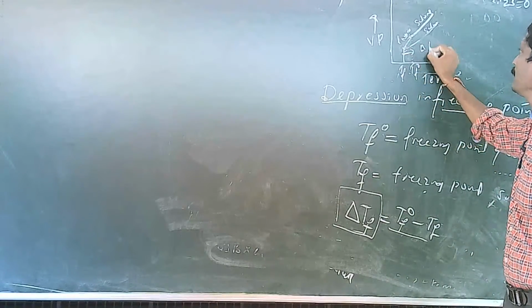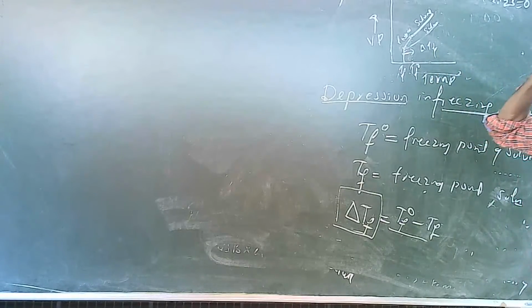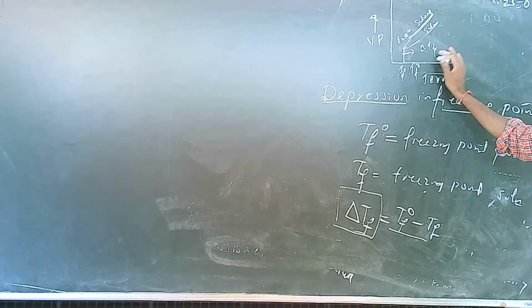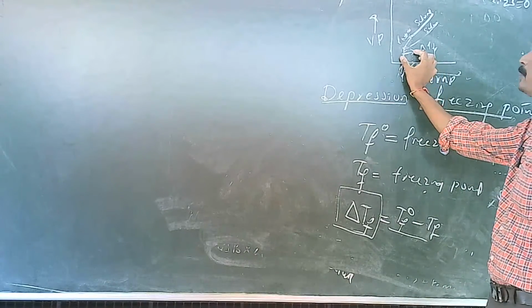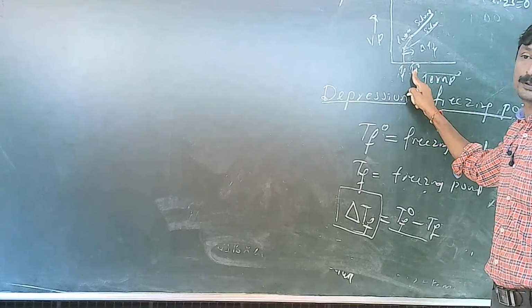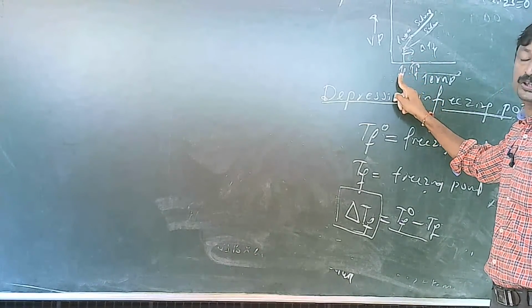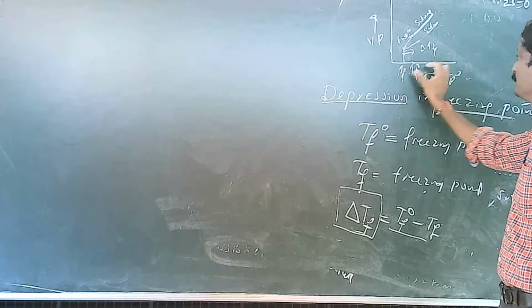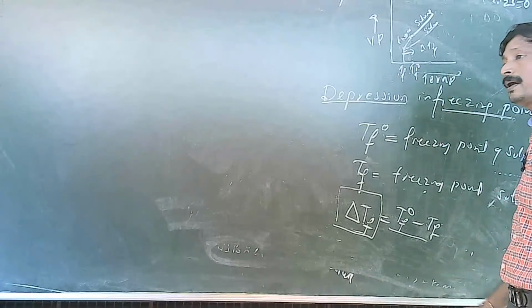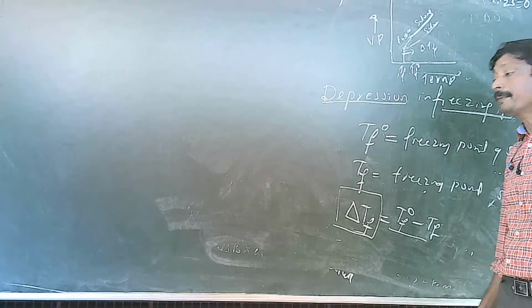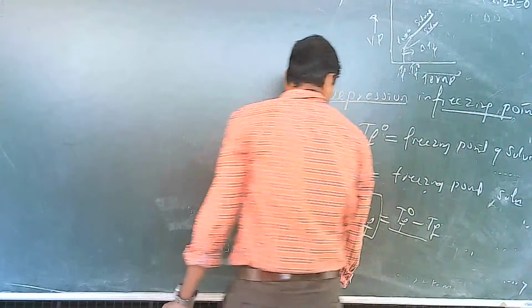This difference is called delta Tf. What is delta Tf? Depression in the freezing point. The freezing point of the pure solvent minus the freezing point of the solution is called the depression in the freezing point.